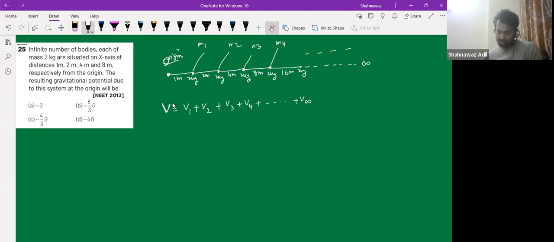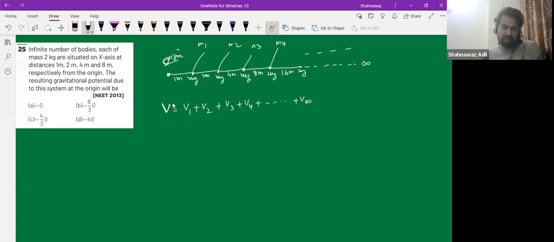Scalar or vector? This is the question. What kind of quantity is it?